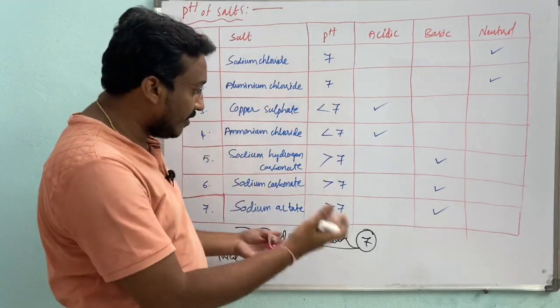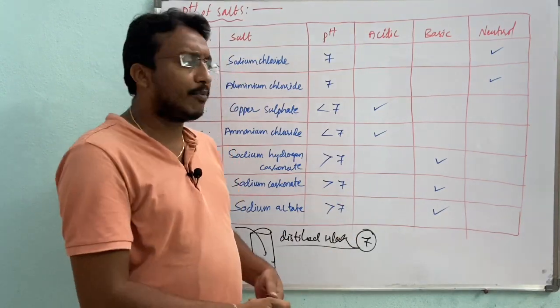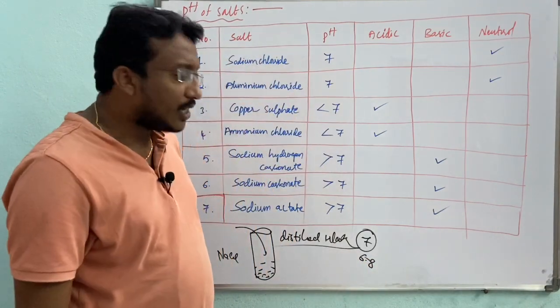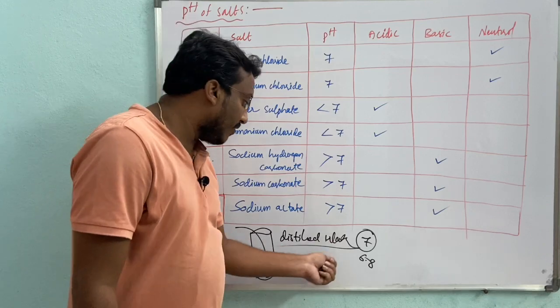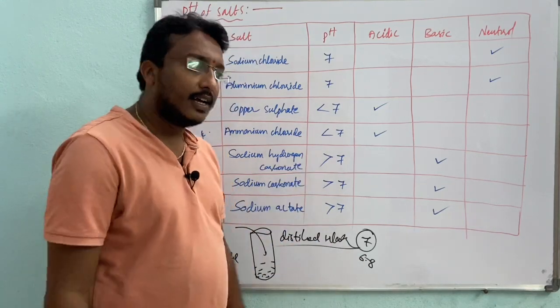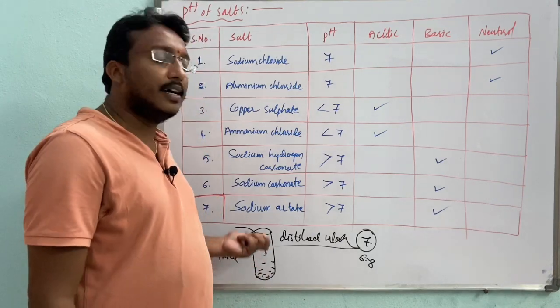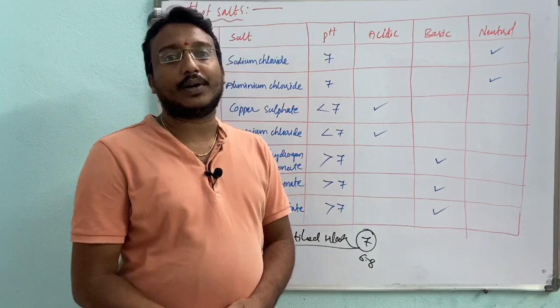Instead, if you take common tap water, whose pH we discussed as 6.8, it may affect it a little bit, right? Distilled water will not affect it because it is neutral. So we get the accurate pH of a given salt. That's why we have to take distilled water.